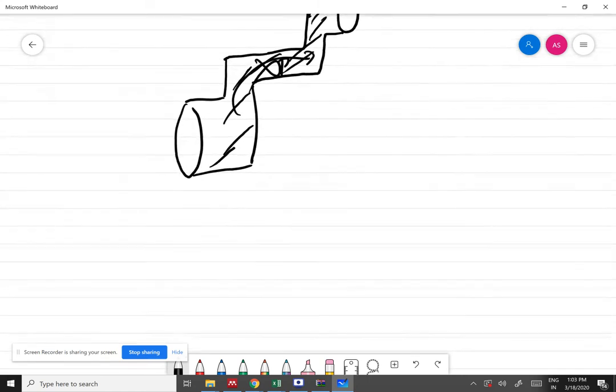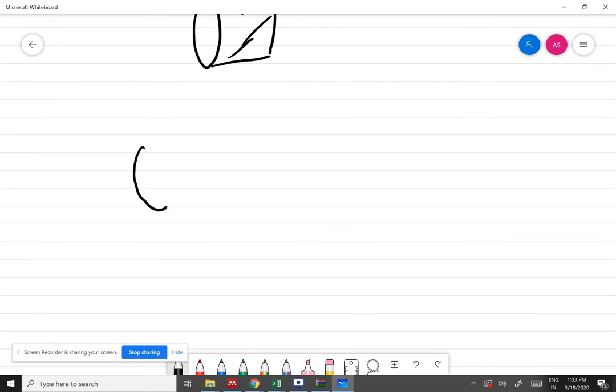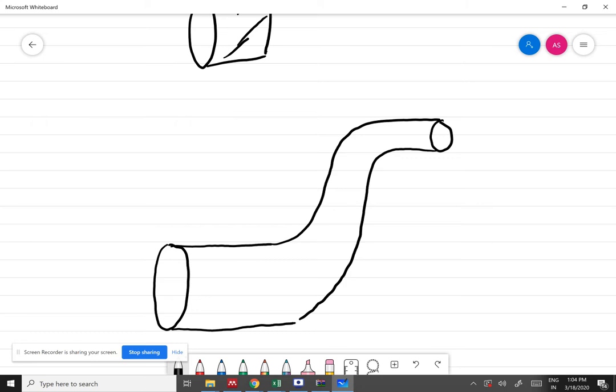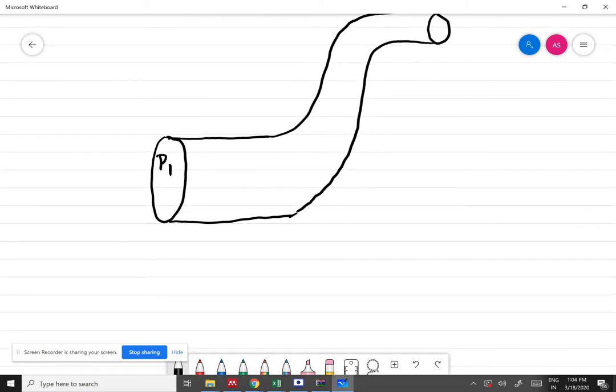Now the interesting thing happens when we have actual movement of fluid. Suppose I draw some structure like this, and the pressure here is P1, and water or some fluid is moving into this at velocity V1.